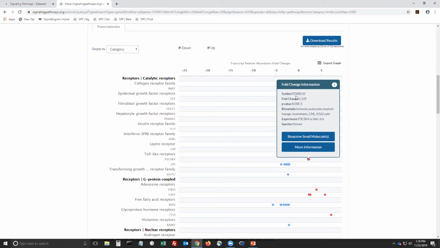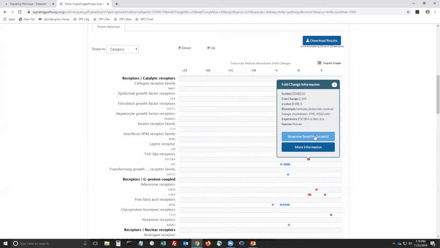Of course, you see the gene that's being interrogated. You see it was twofold upregulated. You see a p-value significance for that fold change, as well as a description of the biosample that was used and an experiment name, and here we're using a TLR1/2 ligand compared to a vehicle. Let's say, for example, you don't know what P3CSK4 is.